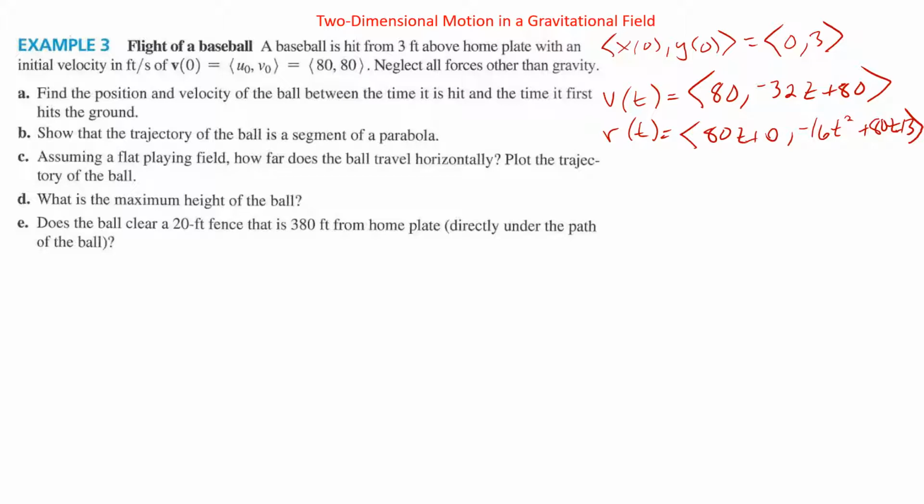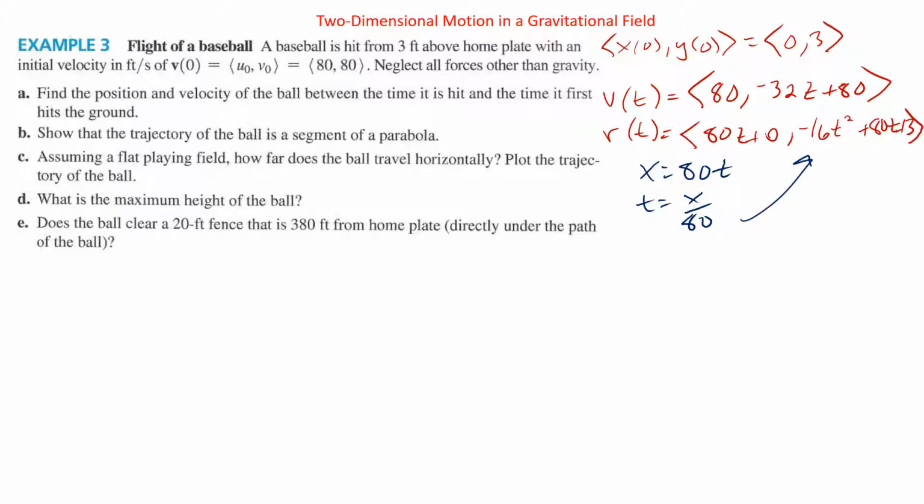Show that the trajectory of the ball is a segment of a parabola. So, well, it looks kind of parabola-y. The y value is a parabola, the x value is constant. But to show this, we see x equals 80t, which means that t equals x over 80. We can plug that in over here.